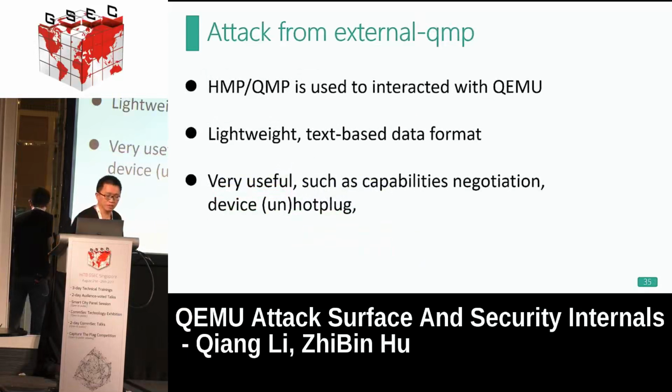Another is QMP. QMP is used to interact with QEMU, so other applications can interact with QEMU. It is a lightweight, text-based, JSON-based data format. It is very useful, for example, for things such as migration and device hotplug.